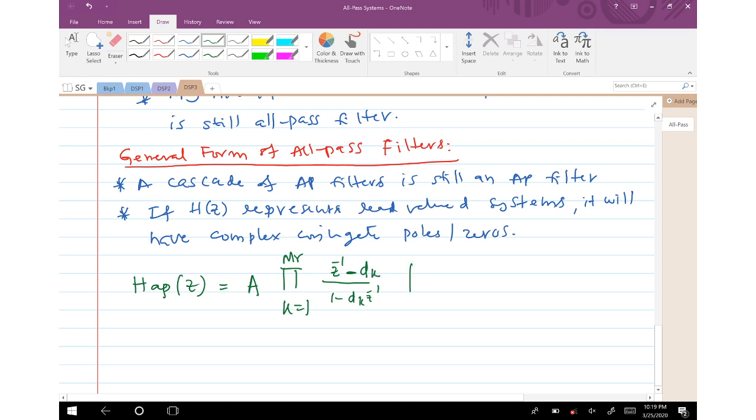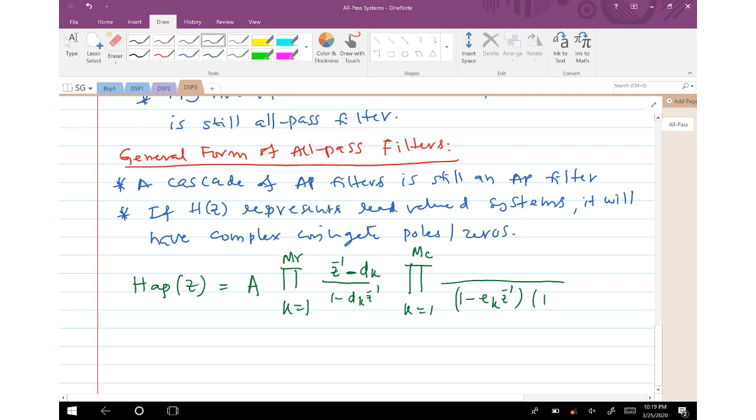Not just that, you have this rational function having complex conjugate pairs of poles as well. Let Mc be the number of complex conjugate pairs of poles. So this would be equivalent to, again let's write here, 1 minus ek z inverse. Okay, there are pairs here.